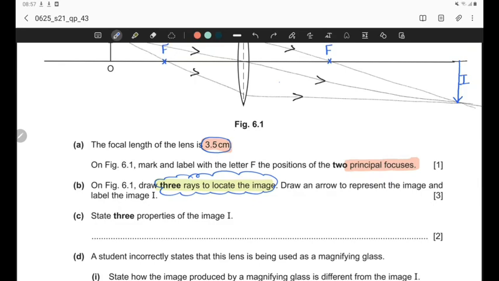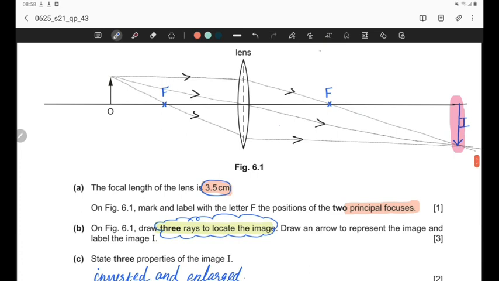Part C, state three properties of the image I. So we need to mention three properties of this image formed. By looking at the diagram, it is clear that the image is inverted and enlarged. So we can write that as the first point. Enlarged means the size of the image is larger than the size of the object.